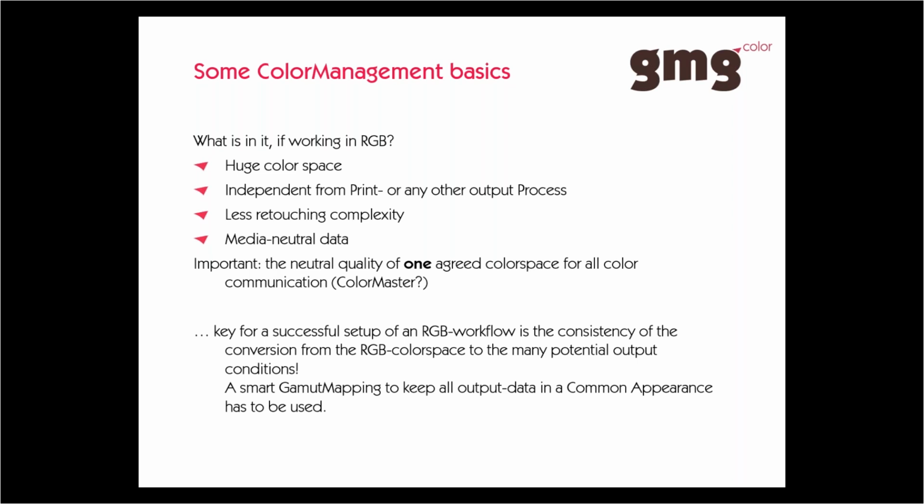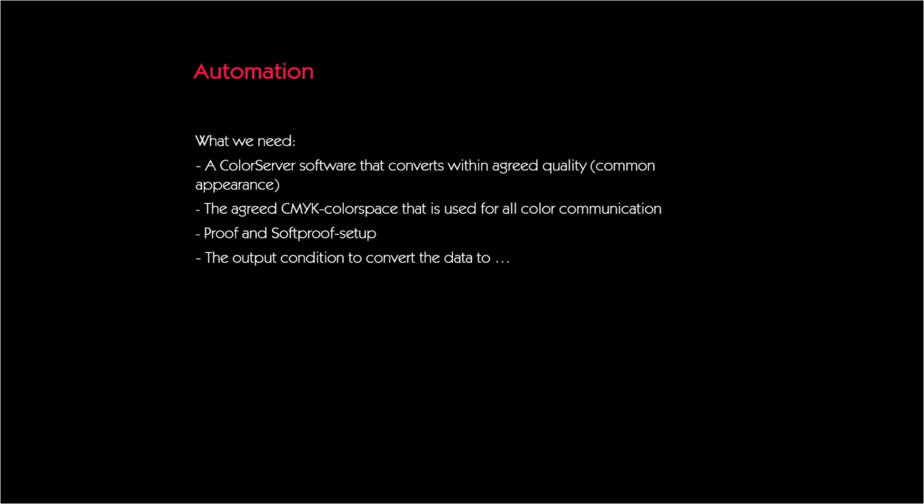So CMYK data may just add complexity that we should not have to take care about in creating and in retouching. As I already said, the full quality, of course, can only be obtained if the used gamut mapping algorithm is consistent in the background. Okay, what tools would we need to work that way?